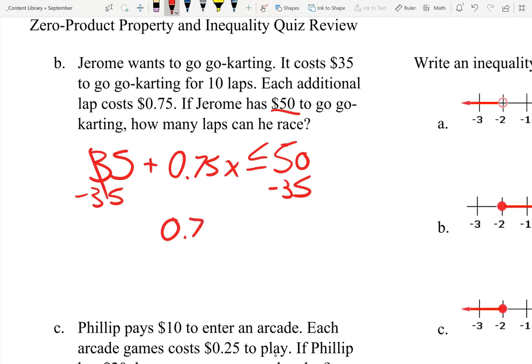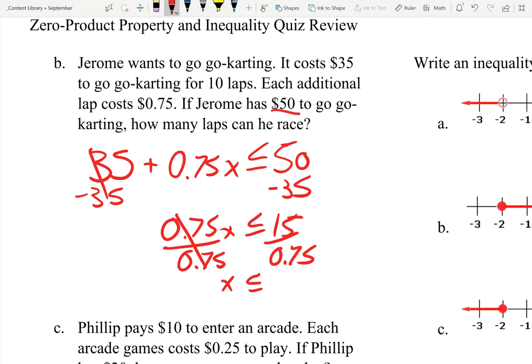We have 0.75x is less than or equal to 15, and then divide by 0.75. We have x is less than or equal to, let me do the math, 15 divided by 0.75, 20. Is that right? Yeah, 20.